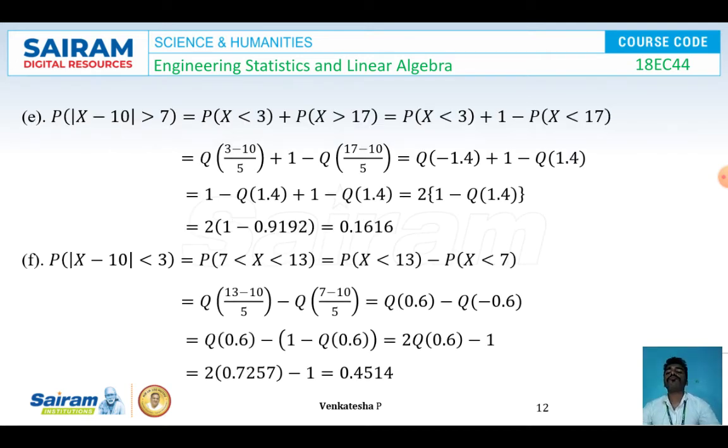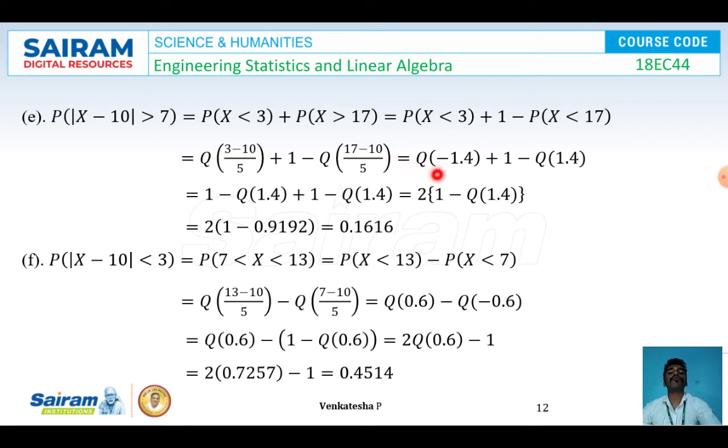Next one, P(|X − 10| > 7). The first thing is we have to expand |X − 10| > 7. It will be equal to P(X < 3) plus P(X > 17). Now I'm keeping P(X < 3) as it is, just converting P(X > 17) as 1 minus P(X < 17). Now I'm going to write this P function in terms of the Q function, that is Q((3 − 10)/5) plus 1 minus Q((17 − 10)/5).